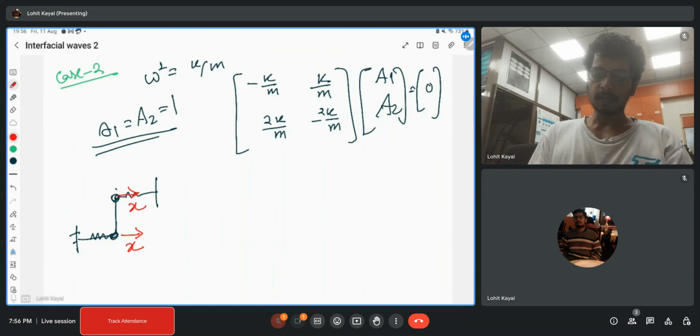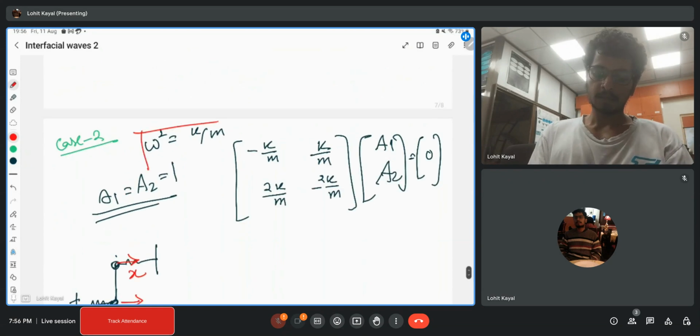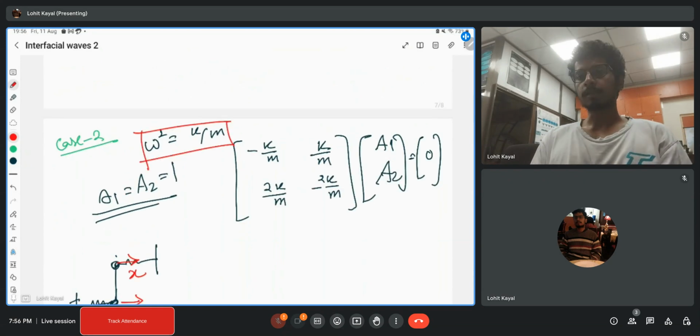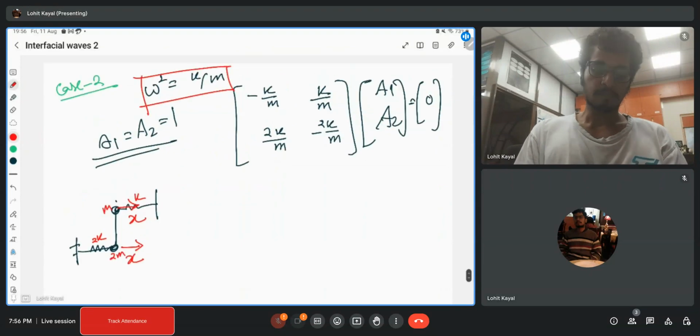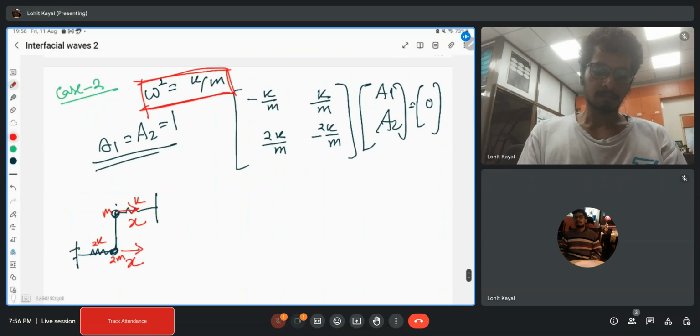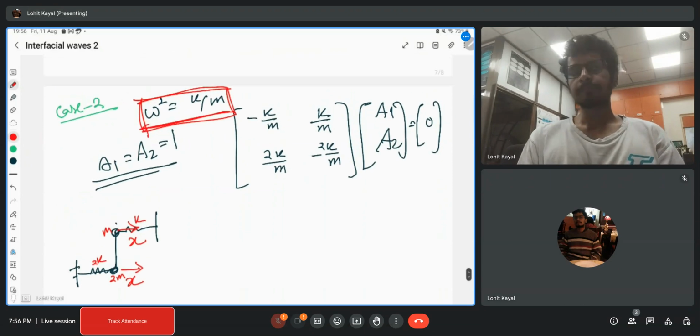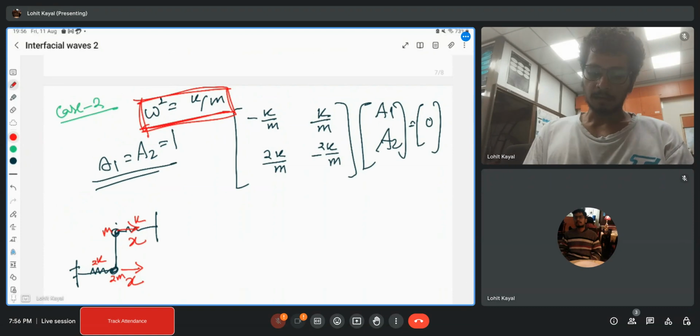If you just do this, then the modal frequency of the system will be k by m. So although one has spring constant 2k and mass 2m, and the other has k and m, finally they will oscillate with a frequency of k by m. All right.